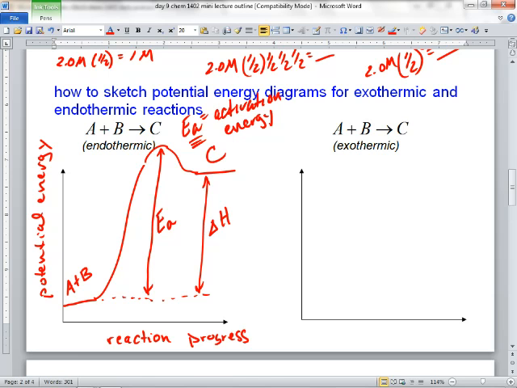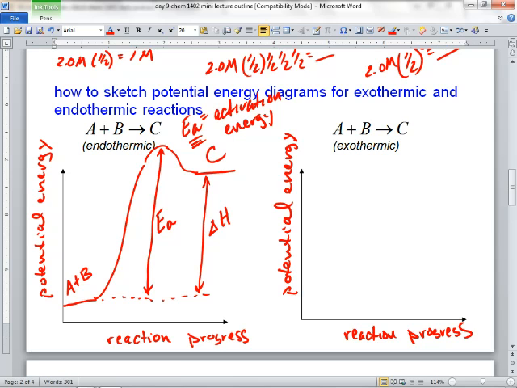Do the same thing for an exothermic reaction. So nothing changes on the Y and X-axis. But now, things get hot. So you end up at a lower energy because you kicked out all this heat.